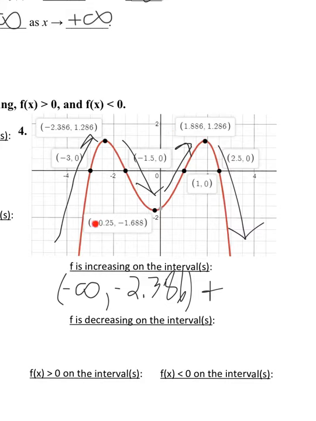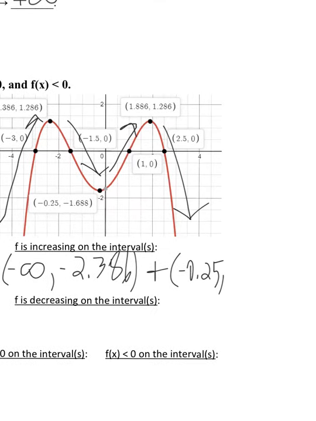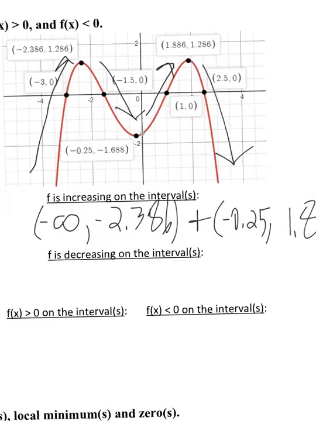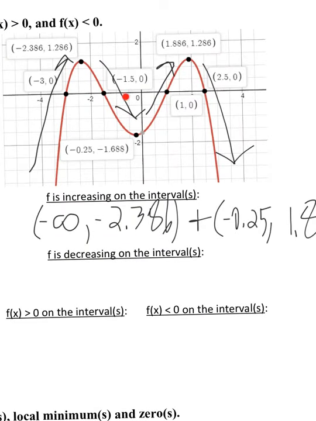So you just write the x coordinates. So -0.25 to 1.886. Alright, so those are the increasing intervals. The decreasing intervals, well, it went down between here and here.